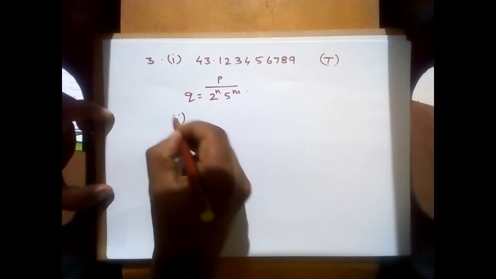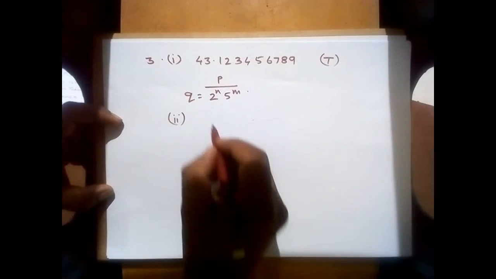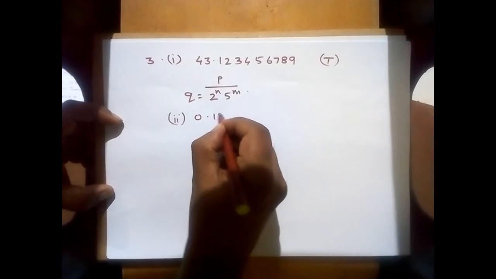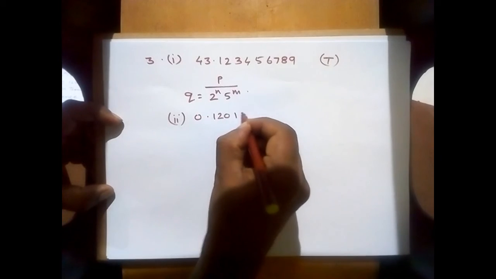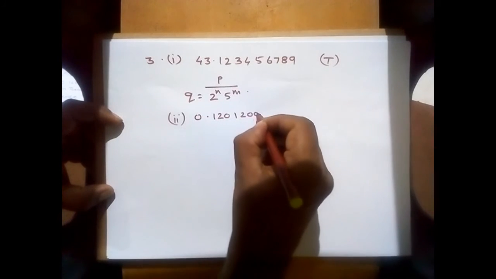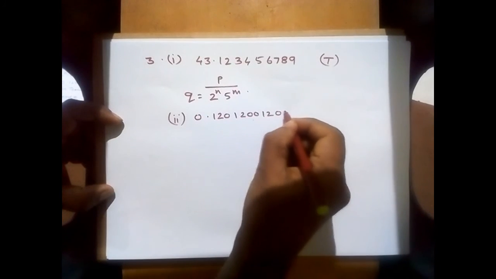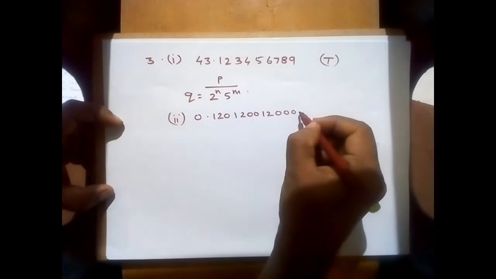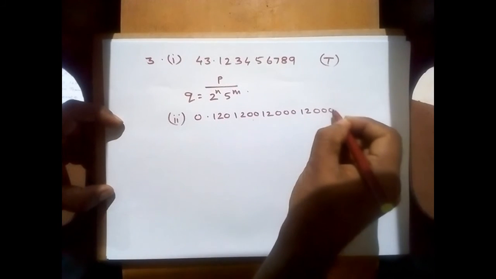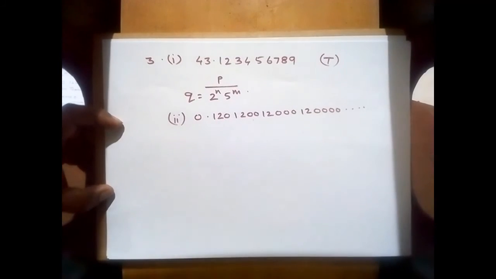Second case, 0.120, 1200, 12000, like that.